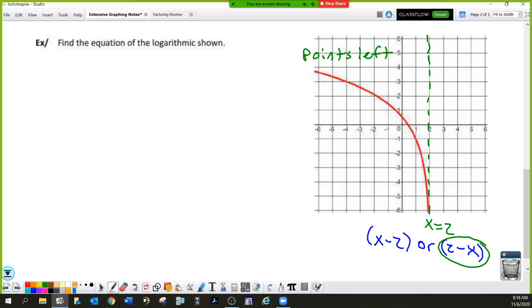We already know then that we have something like this. y equals a, because maybe there's a vertical stretch or shrink, log base b. We don't know our logarithmic base. But we do know the argument is going to be 2 minus x. And there may be a vertical shift.